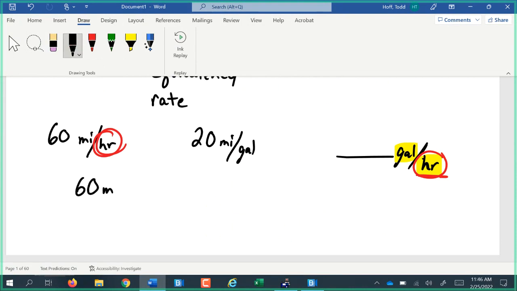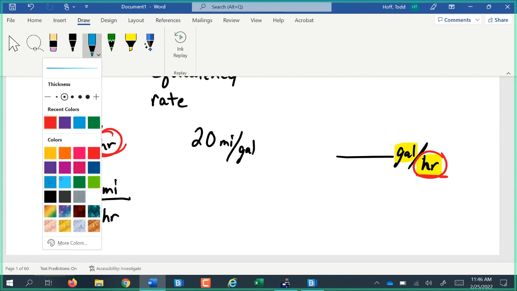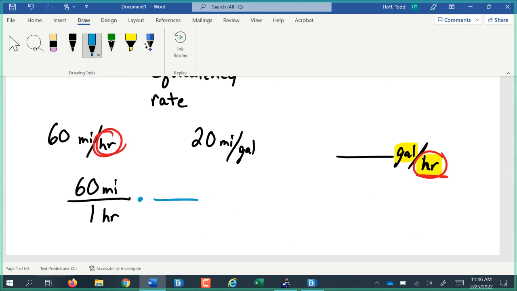Now that 60 miles per hour is actually going to be written as 60 miles over 1 hour. If you recall from a couple weeks ago, any rate like that is a unit rate, and we have to write it out. It's actually a comparison between two numbers. Next, I'm going to use this other rate to make a unity fraction.